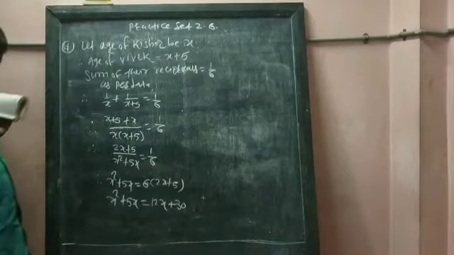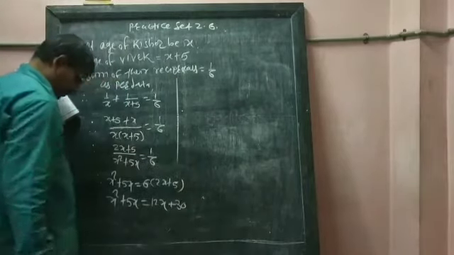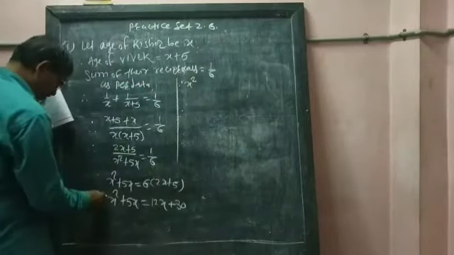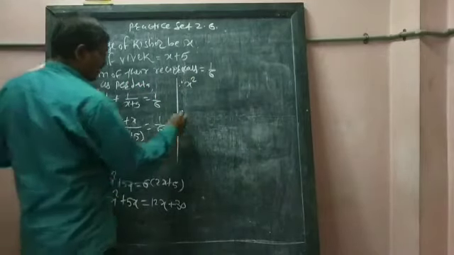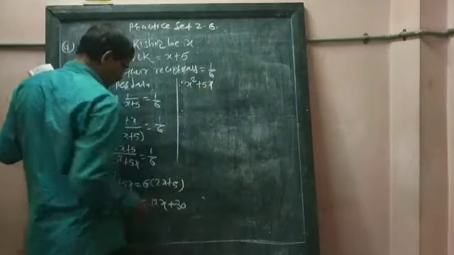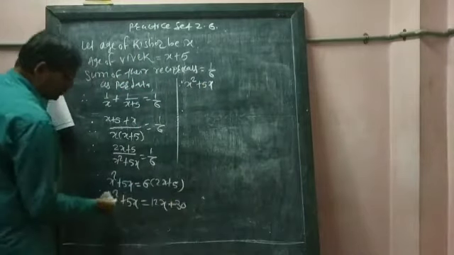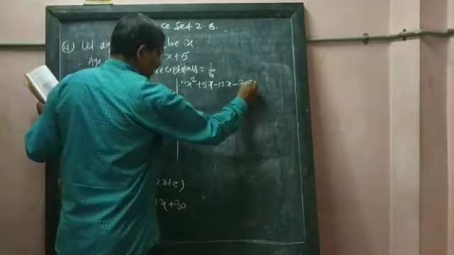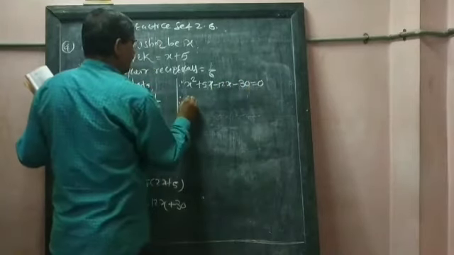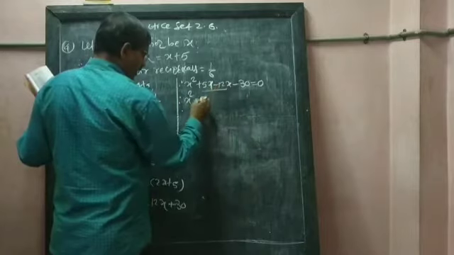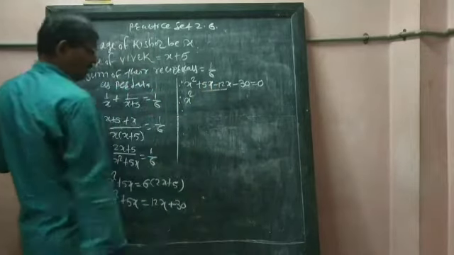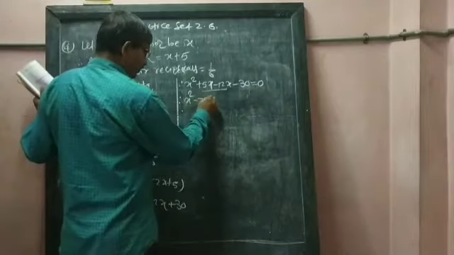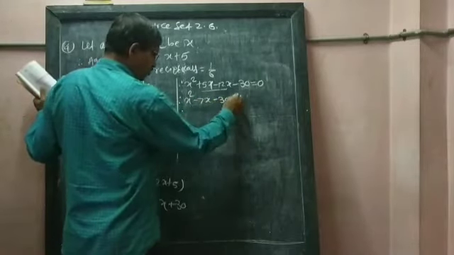Okay, what happens is that I will take x square plus 5x to the left hand side, and don't forget to give the sign. From the right hand side all those numbers will come here. It becomes minus 12x minus 30 is equal to 0. Then x square, here 5 minus 12 is minus 7x minus 30 is equal to 0.